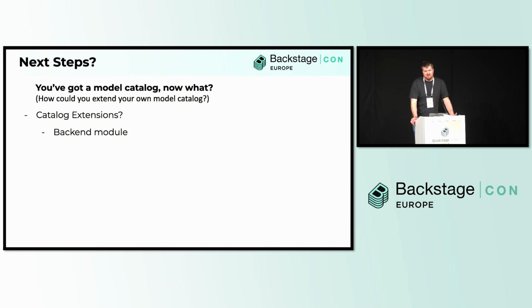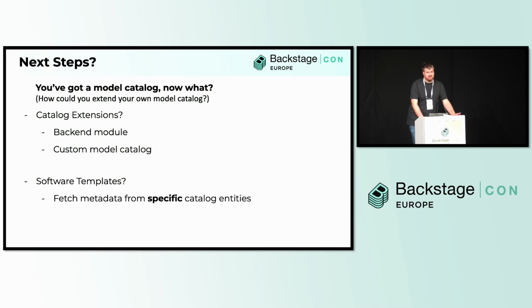Maybe you've got a backend module of sorts to pull in catalog entities that exist on the server. Maybe you've got a custom model catalog with custom views, or maybe you have software templates that reference specific model catalog entities. And lastly, you could also have a software template to import new models into the catalog.